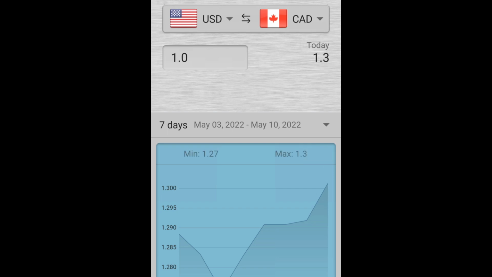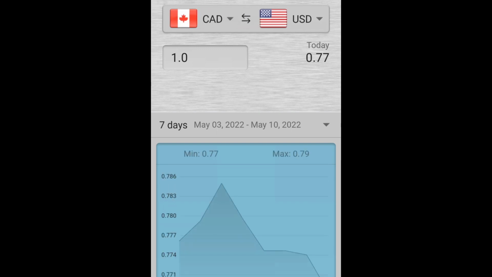That's the USD to Canadian dollar. If you interchange it to Canadian dollar to USD, we have this data. 1 Canadian dollar is equivalent to 0.77 US dollar as of today, and this is the 7 days data.